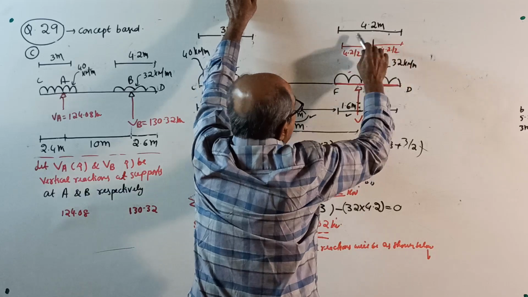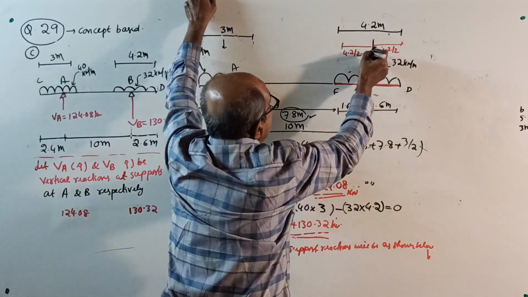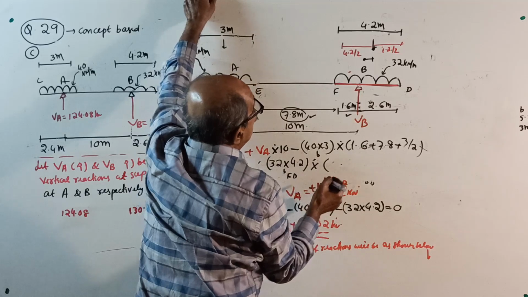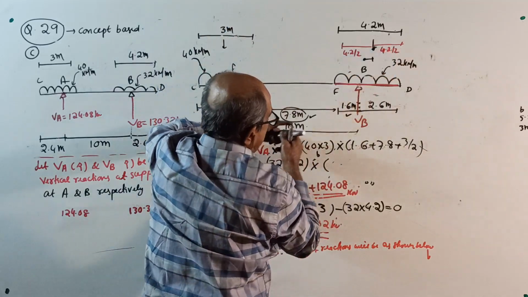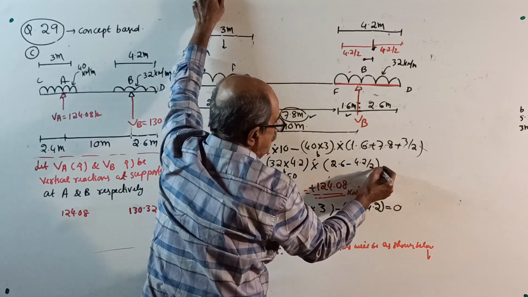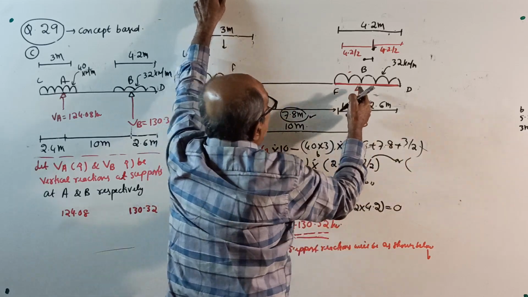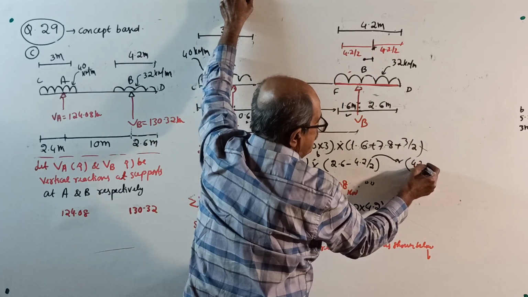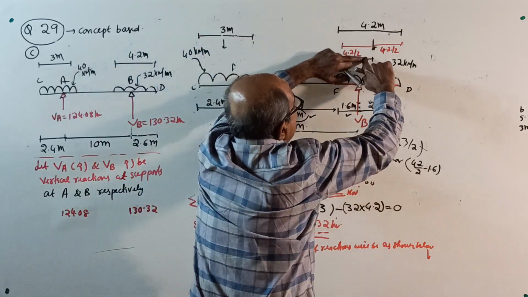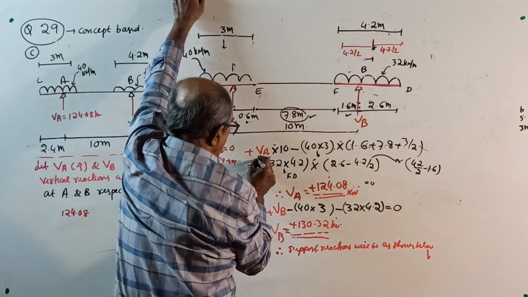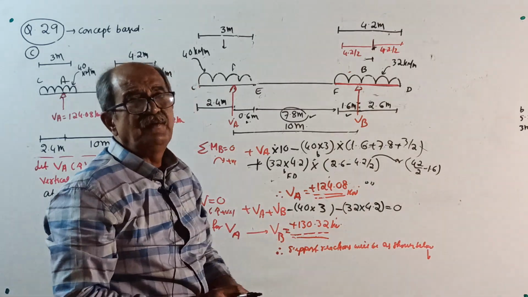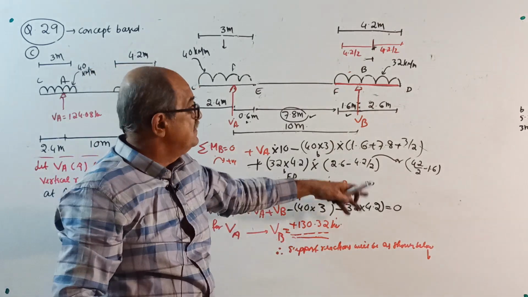It is 32 into 4.2 is the total load, into this distance, which is 2.6 minus 4.2 by 2, or 4.2 by 2 subtract 1.6. Both are same. And since the resultant load is this side, it will create clockwise moment. You get the same VA. Sigma V equals 0, substitute for VA, you get the value of VB. That's all. This class is over.